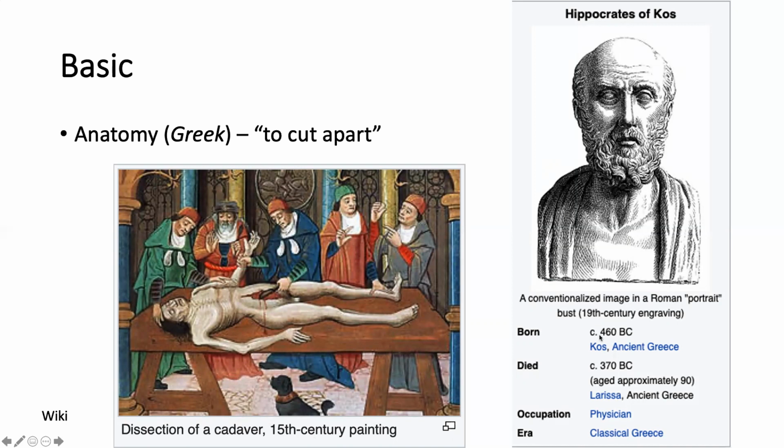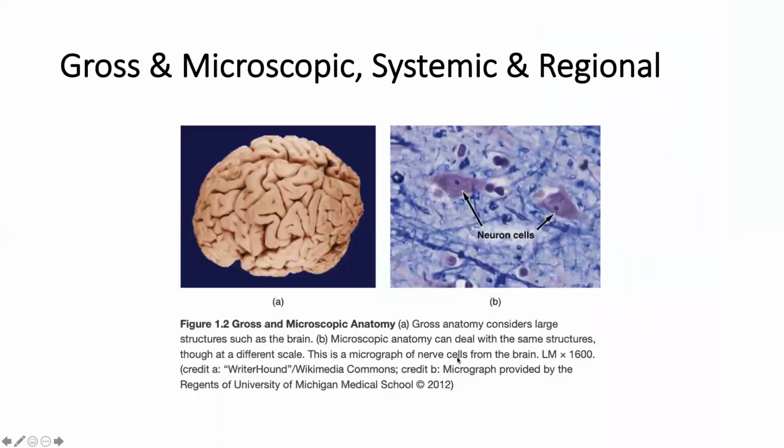He is of Greek origin, and he is regarded as the father of medicine. The ancient Greeks, ancient Italians, and even the ancient Egyptians were the pioneers when it comes to anatomy and anatomic dissections.